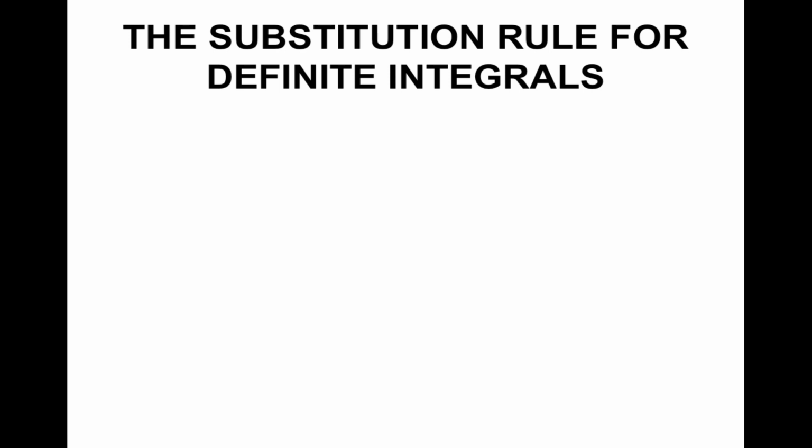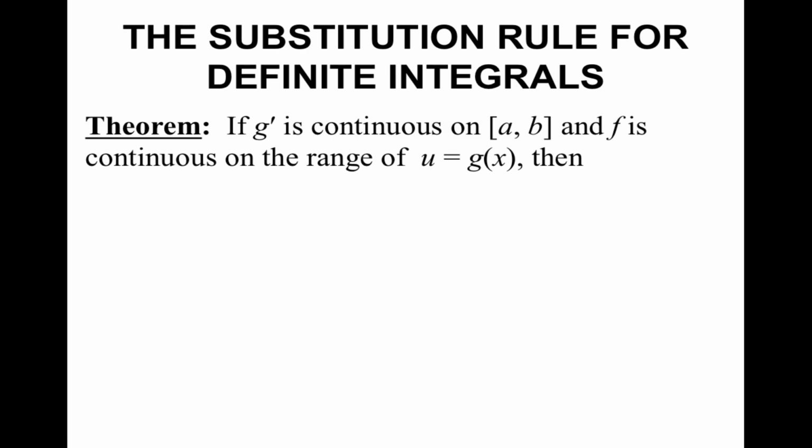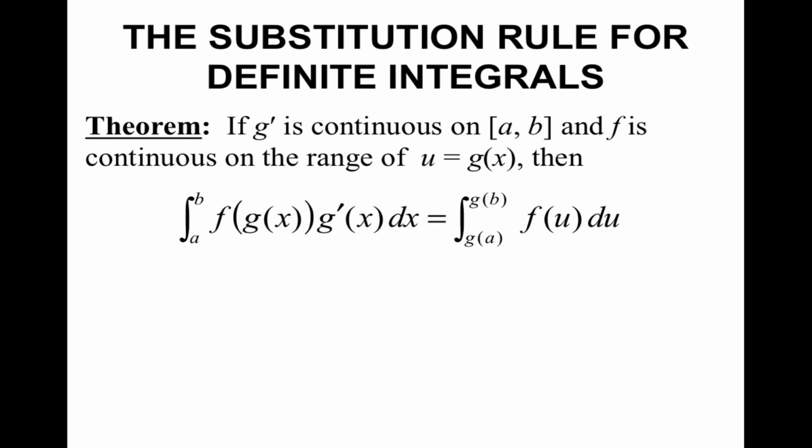All right, and of course, you can do the substitution rule for definite integrals. So if g prime is continuous on the closed interval a to b, and f is continuous on the range of u equals g of x, then we can say that the integral from a to b of f of g of x times the derivative of g of x dx is equal to the integral from g of a to g of b of f of u du.